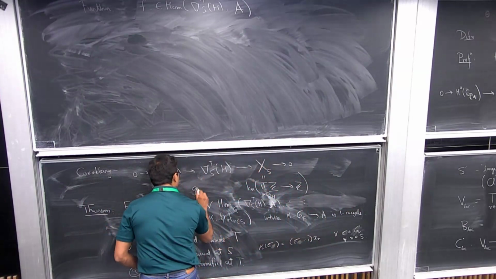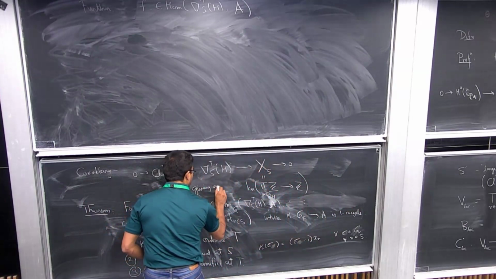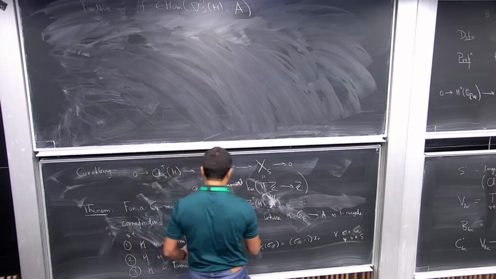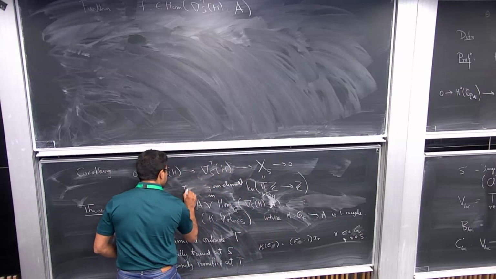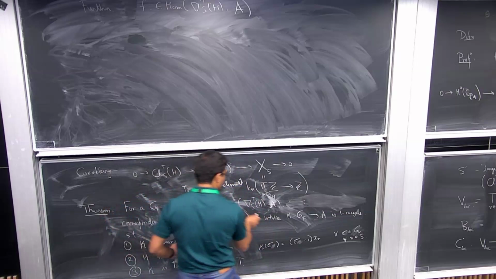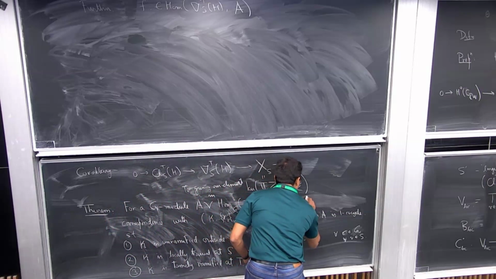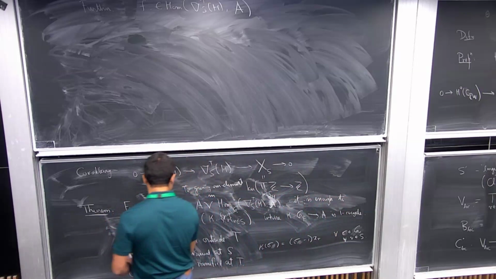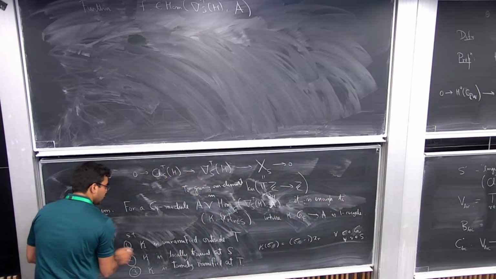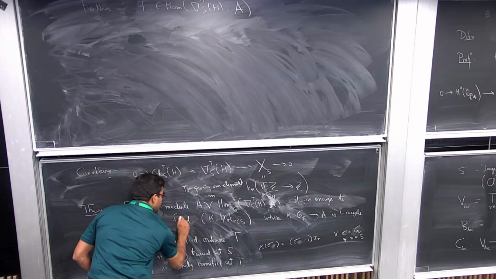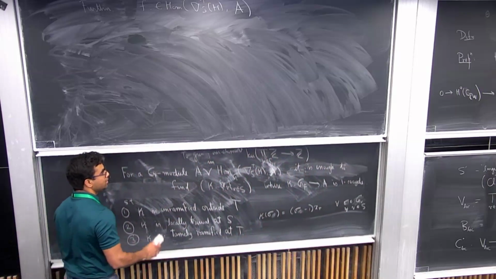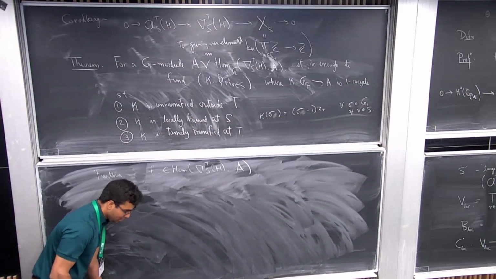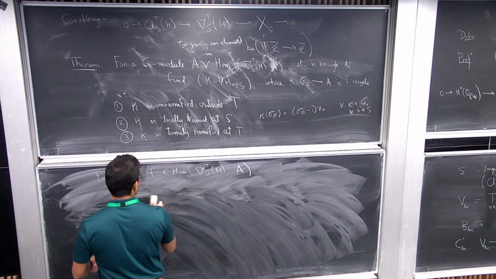So to give an element in this, it is enough to find kappa like this. Then I don't need, I mean, that's enough for our purposes. Then I don't have to talk about this equivalence.